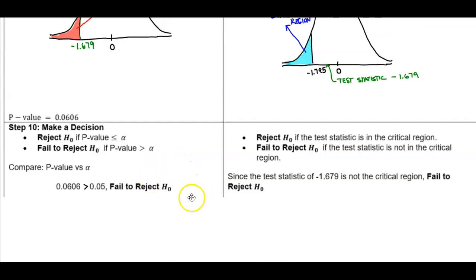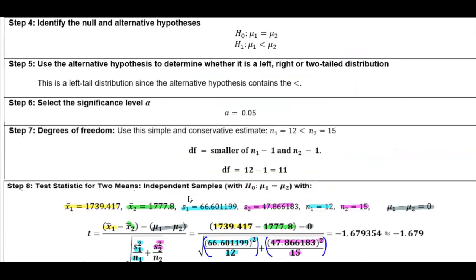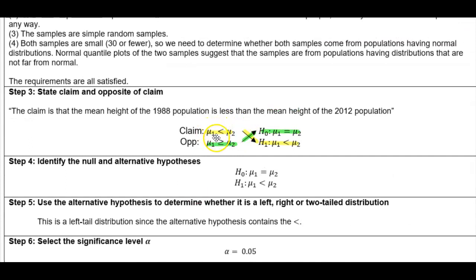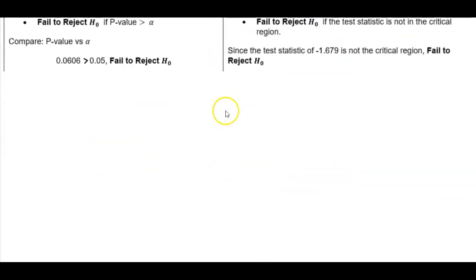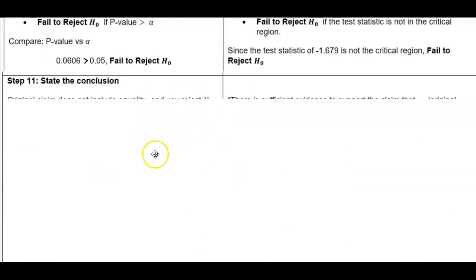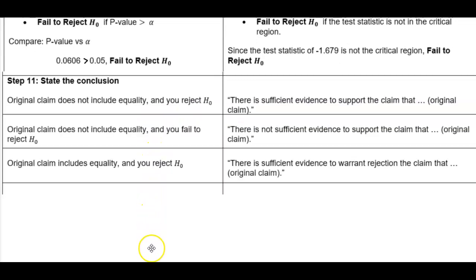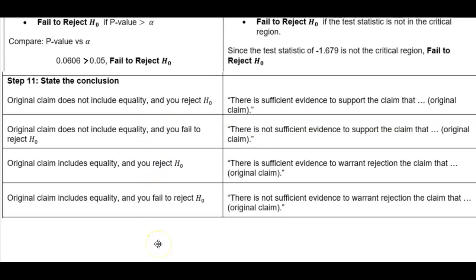Now that we failed to reject the null, we need to come back and take a look at the claim. The claim is that it's less than, so it doesn't have the equality, and we failed to reject the null hypothesis. So for our conclusion, we select the second one, which states that the original claim does not include equality and we failed to reject the null hypothesis.